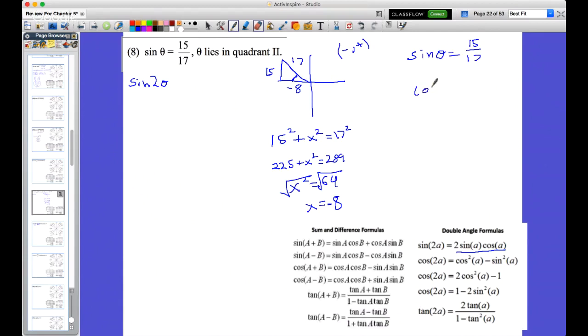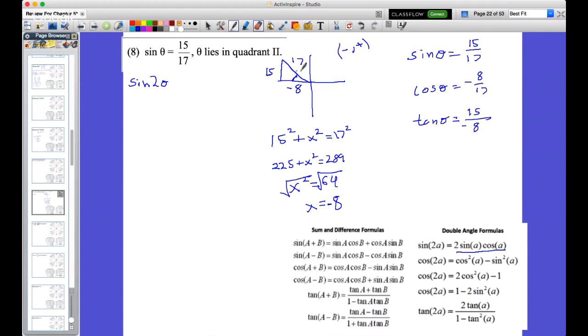The cosine of an angle is the adjacent over hypotenuse, so that'll be negative 8 over 17. And then the tangent of an angle is the opposite over the adjacent, which would just be 15 over negative 8. And so with these values, can we find sine of 2 theta, cosine of 2 theta, and tangent of 2 theta?